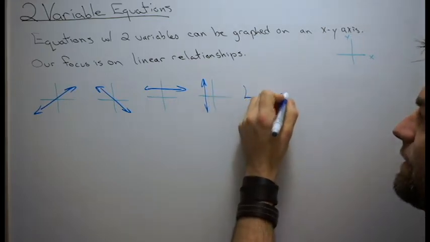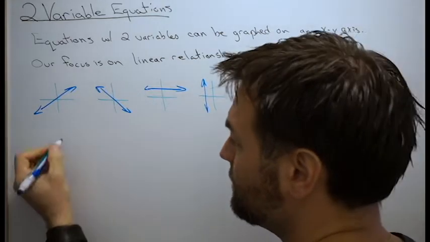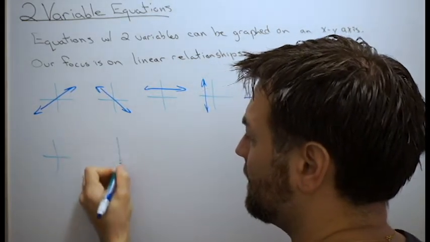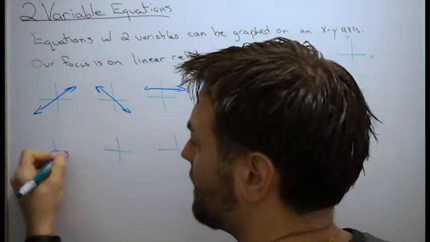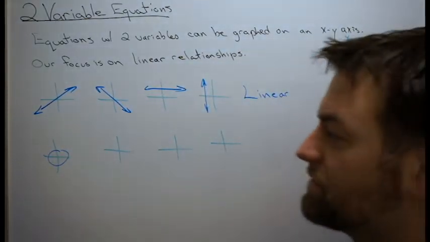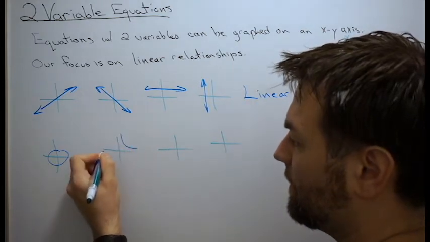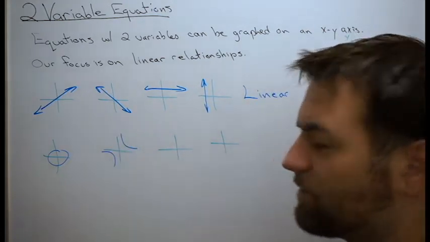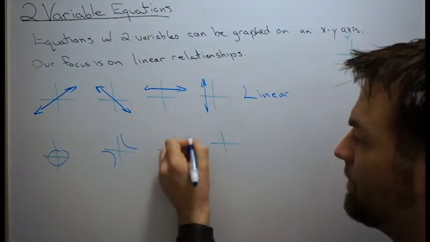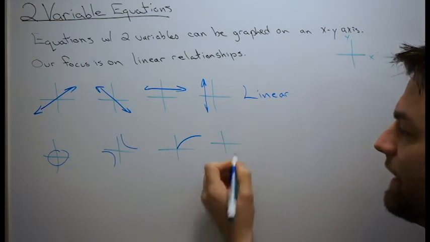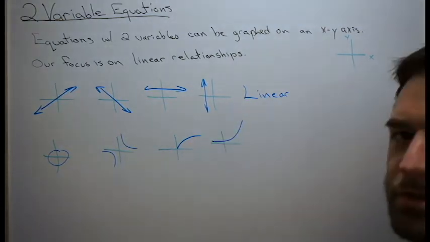And then just for a few quick examples of graphics of nonlinear, we can have things like a circle. So a circle is not linear. We could have inverse relationships, square root relationships, and exponential relationships.